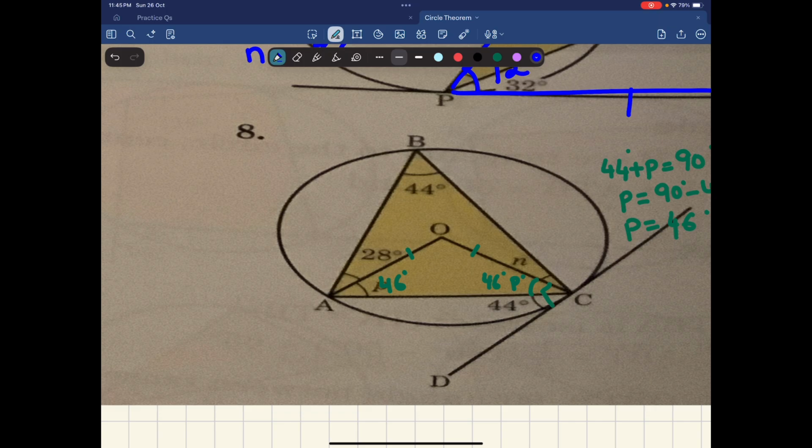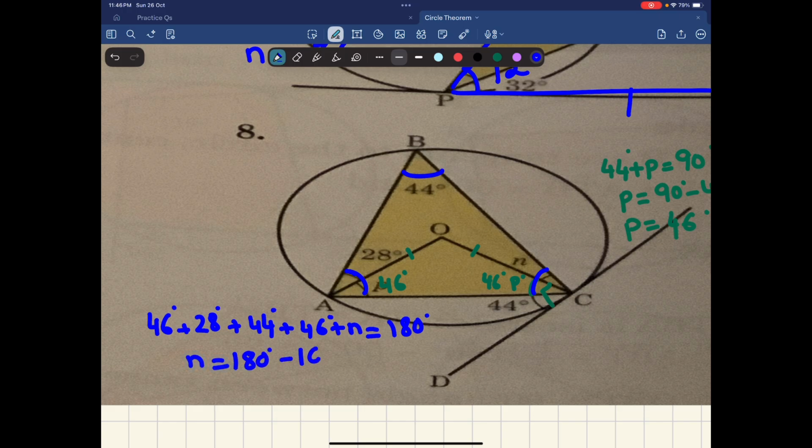So 46 plus 28, this angle, plus 44, this angle, plus 46 plus N, this angle should be 180 degrees. So N is going to be: 46 plus 28 plus 44 plus 46 is 164. So 180 degrees minus 164 degrees gives you the value of angle N as 16 degrees.